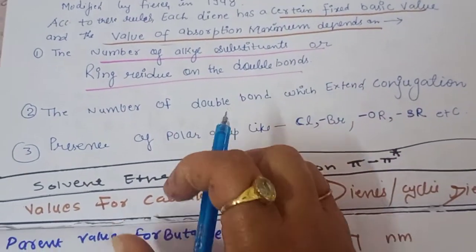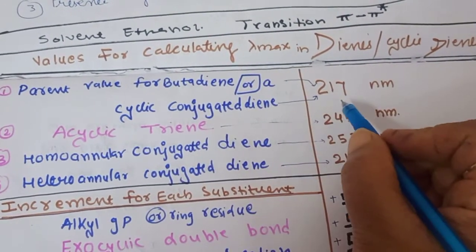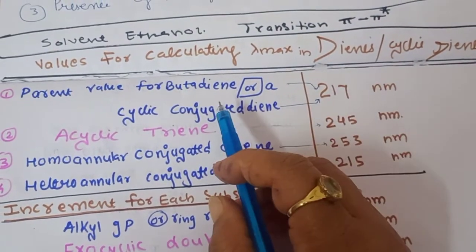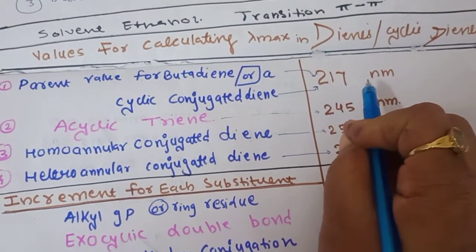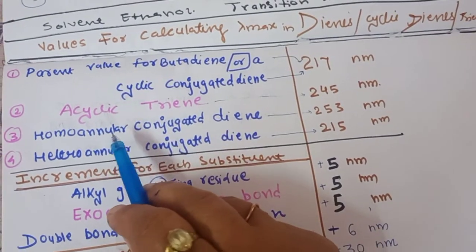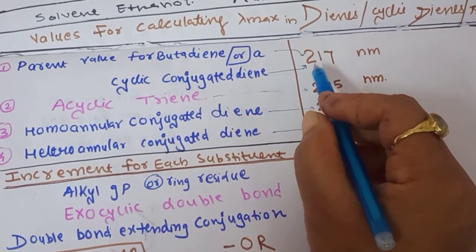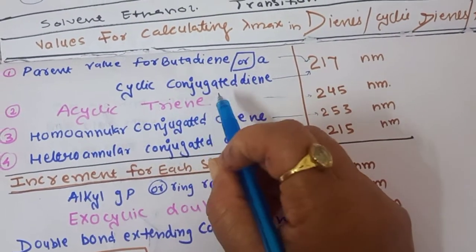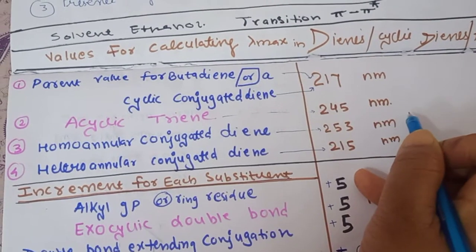So he has given fixed values for everything. The parent value for butadiene is 270 nanometer, and for a cyclic conjugated diene also the parent value is 270 nanometer. This you have to learn by heart, then only you can solve the numericals. So acyclic triene means if we extend the conjugation, the basic value is 245 nanometer.